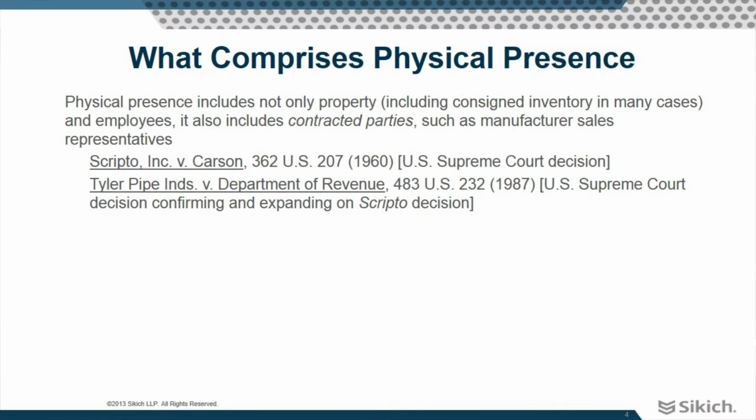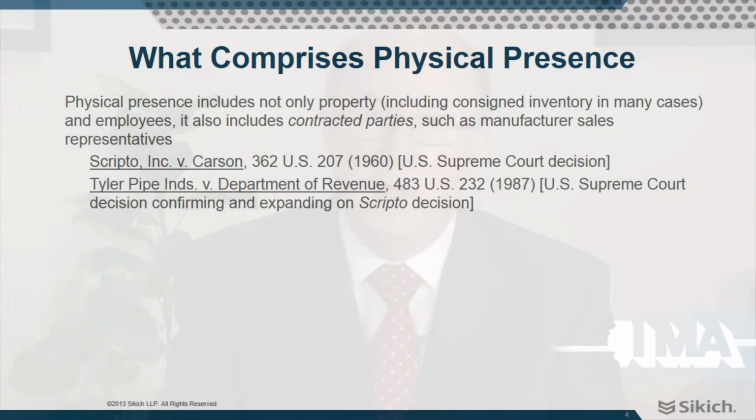Now, it's interesting to note that, when you're considering what's physical property within a state and what's employees in the state, just a couple of comments on this. First of all, the property does not have to be within the control or possession of the taxpayer. For instance, many companies might have inventory on consignment in other states, but they still retain title to it.